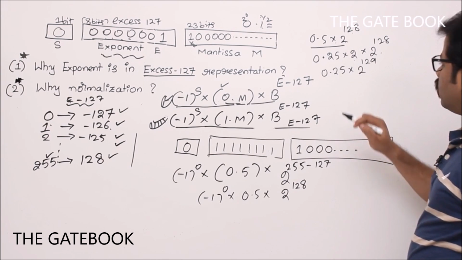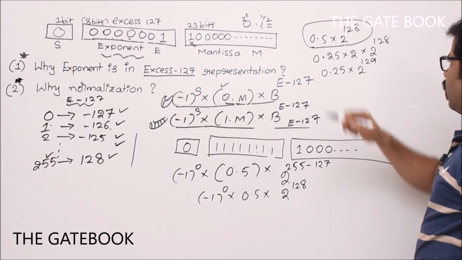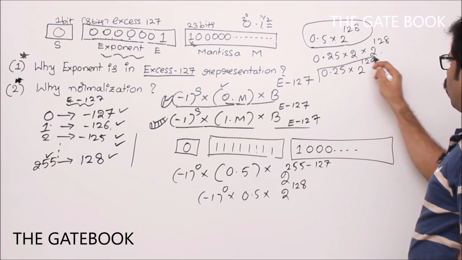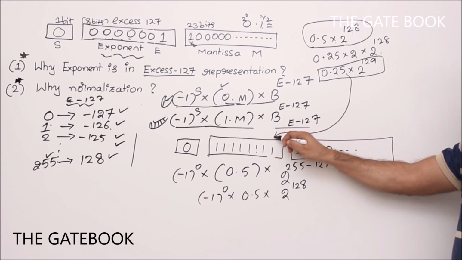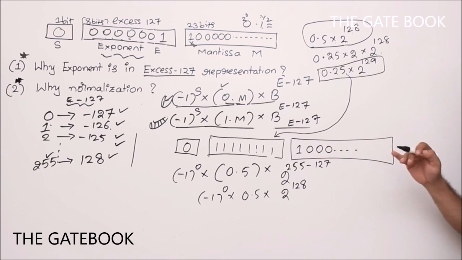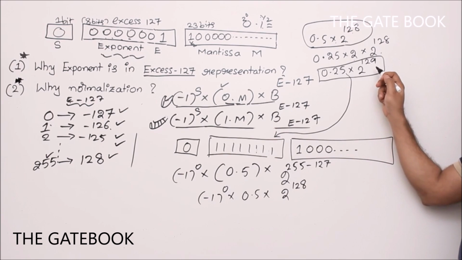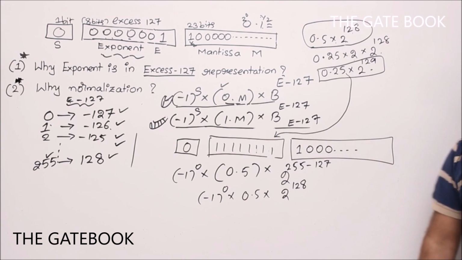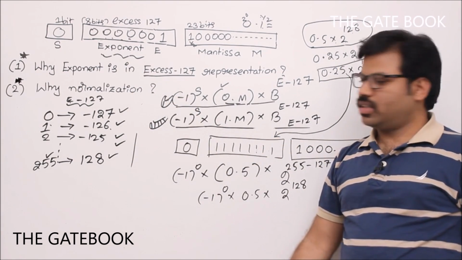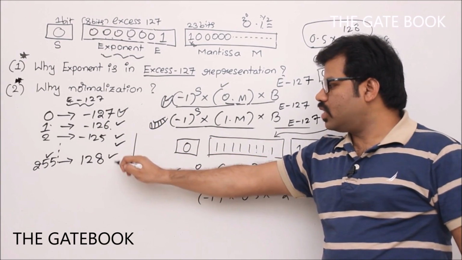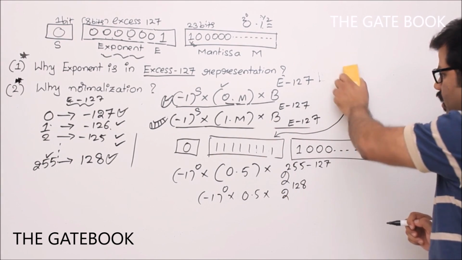What I would like to tell you is, this pattern is equivalent to 0.5 into 2 power 128, that can be written as 0.25 into 2 power 129. Then if this number also can be representable using another pattern, then I can say that one value has two representations. Slowly you will understand. But unfortunately, this number doesn't have another pattern. Why? 129 cannot be represented using our excess 127 representation. You see, the possibility is only minus 127 to 128. That's why this pattern does not have two representations.